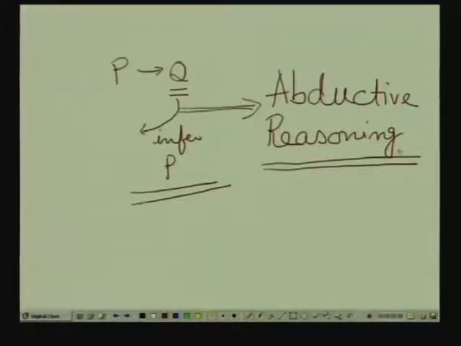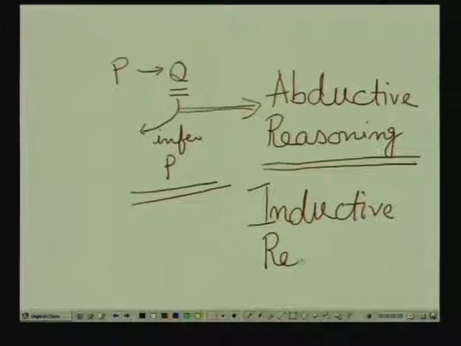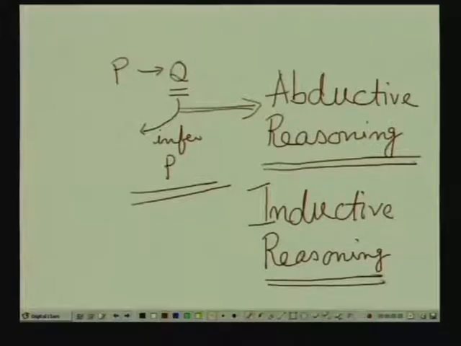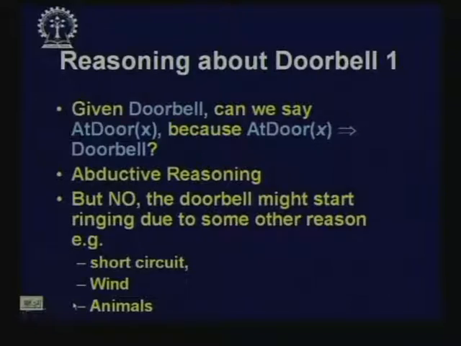Maybe at a later point of time we will discuss some other form of reasoning which is known as inductive reasoning. We have not yet discussed that. Okay. So, this gives me an opportunity to just introduce abductive reasoning to you.